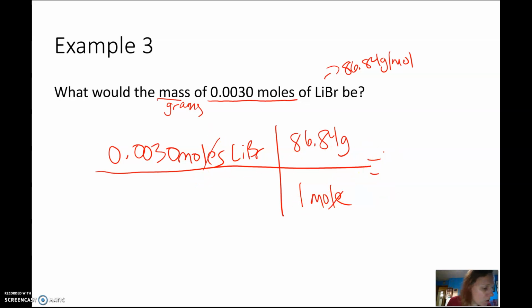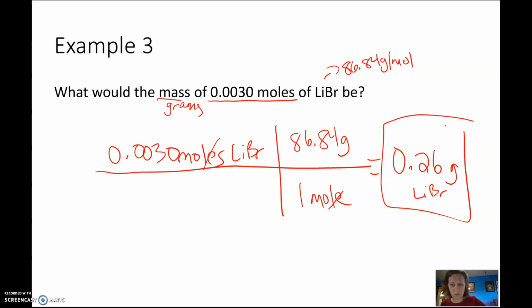So 86.84 times 0.0030 is 0.26052. I don't think we need any more numbers than 0.2605. So that would be grams of LiBr.